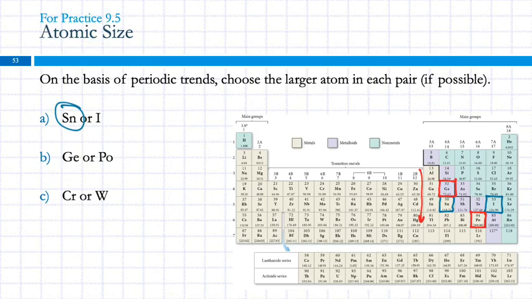Going down, they get bigger, so that's a vote for polonium being bigger. But when we go across, they get smaller, and so that's a vote for germanium being bigger. So these two trends are opposing each other. If I was forced to choose, I'd give more weight to the going down trend, and I'd pick polonium as being larger. But on an exam, the correct answer here would most likely be it's not possible to tell.